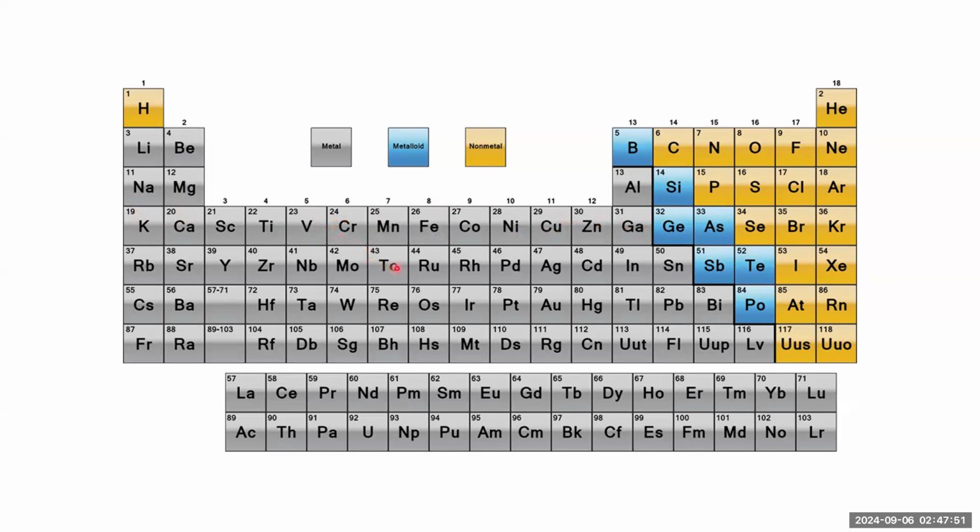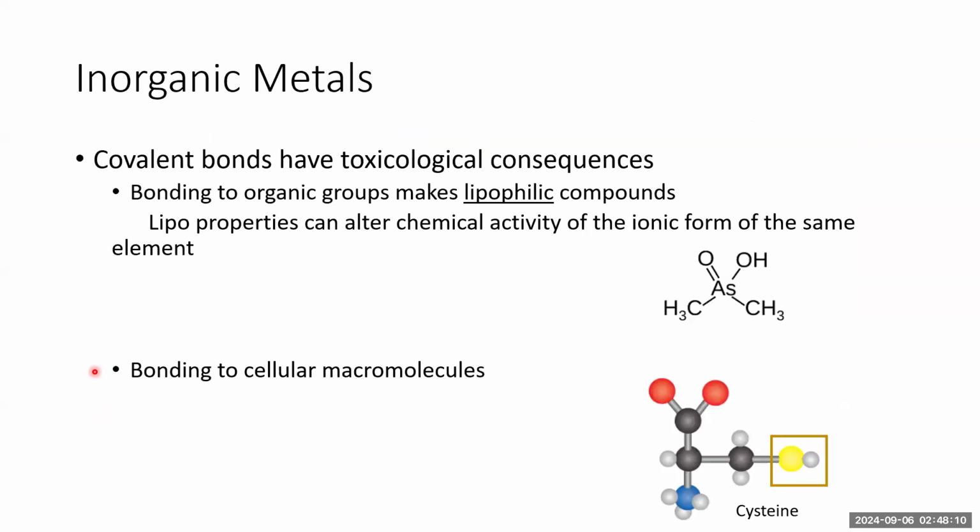And then you start to get slightly more toxic as you increase in atomic weight. These guys down here are incredibly toxic. So there are some trends that we can notice, but there is no escaping metals because they do comprise most of the chemicals that we have on the planet. Those covalent bonds that chemicals can form have lots of toxicological consequences.